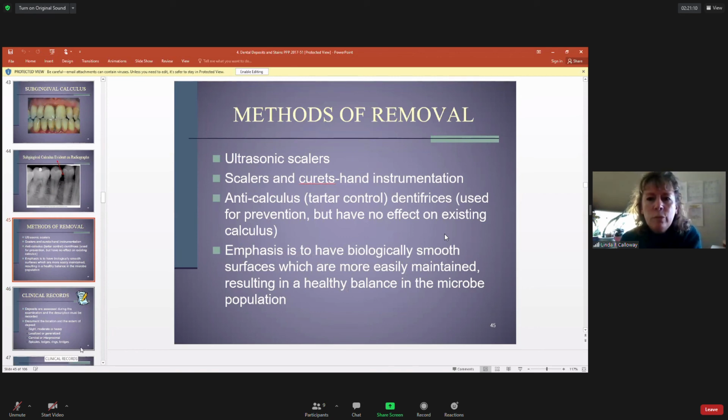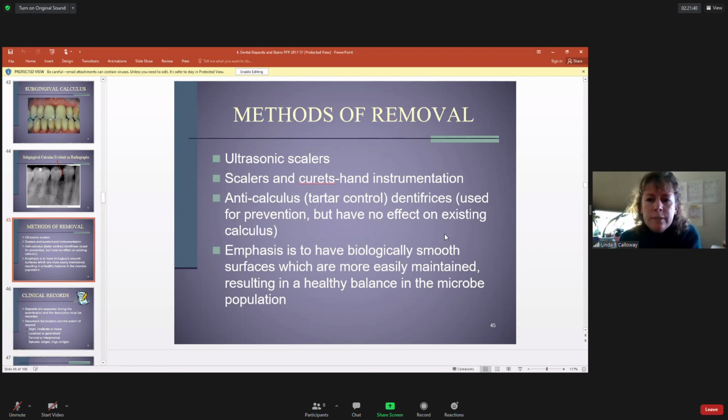Methods of removal. The tartar control toothpastes do not have any effect on existing calculus. Anything that says it's anti-calculus has a minimal effect to begin with, but if it's proven to have some effectiveness in your studies and your research, it is not on existing calculus. It's trying to prevent new calculus.